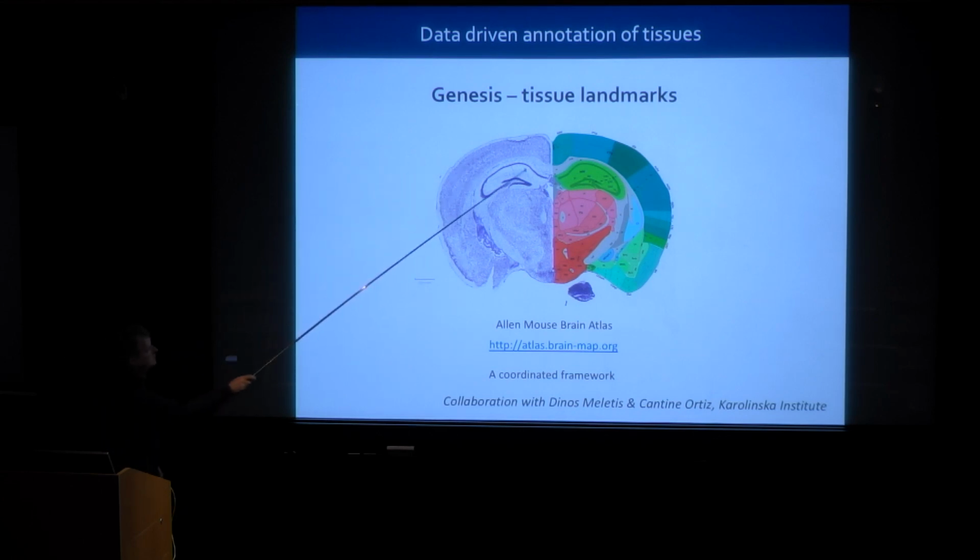But the Allen brain obviously has put a lot of effort into getting a histological structure of the brain with some connectivity underlying the different areas of the brain. And this we've done together with Dinos and Cantina at Karolinska Institute, who has a long-term interest in the brain.